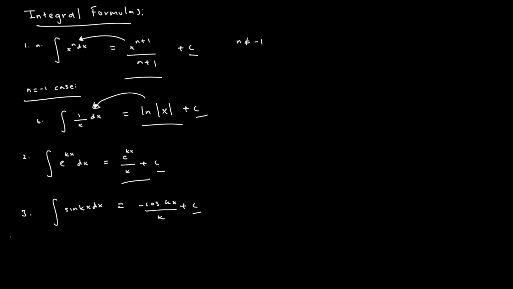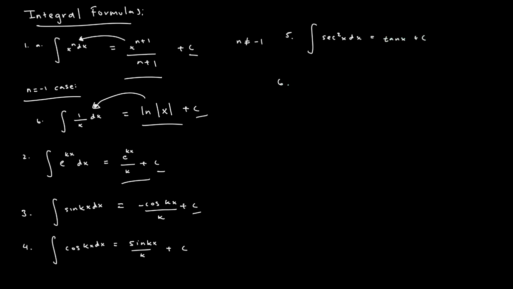All right, now let's go to cosine. The integral of cosine kx times dx is simply equal to sine kx over k, plus c. Number 5, the integral of secant squared x dx is equal to tan x plus c.